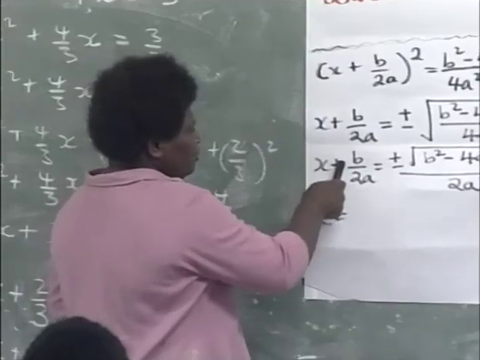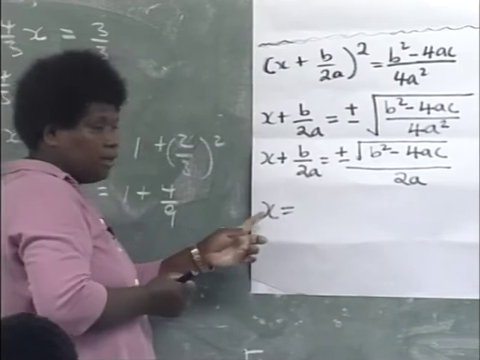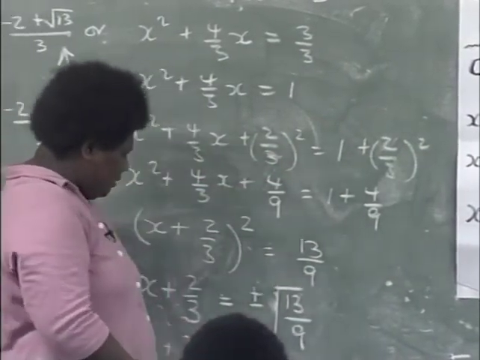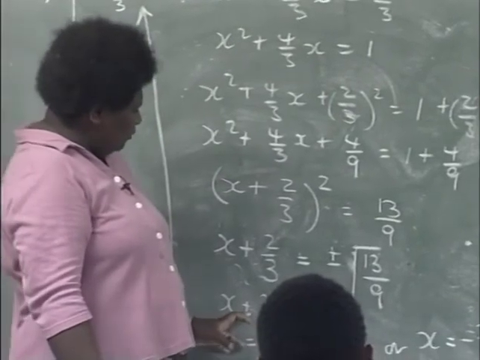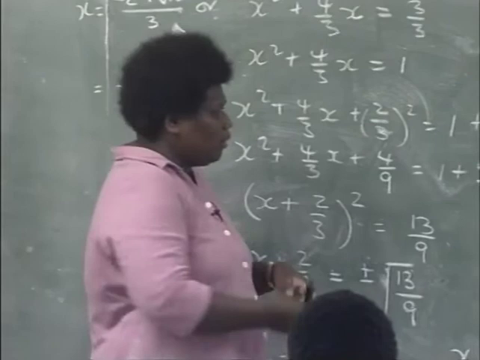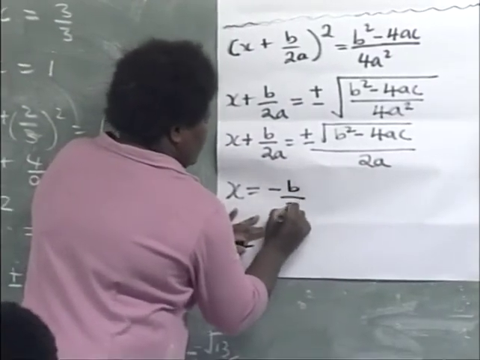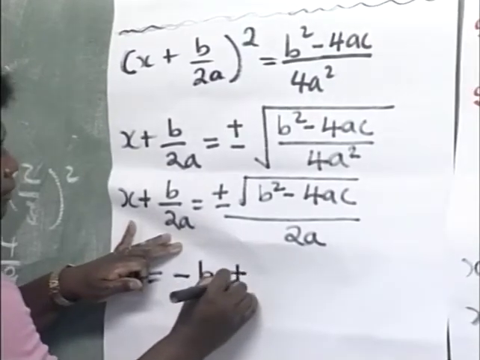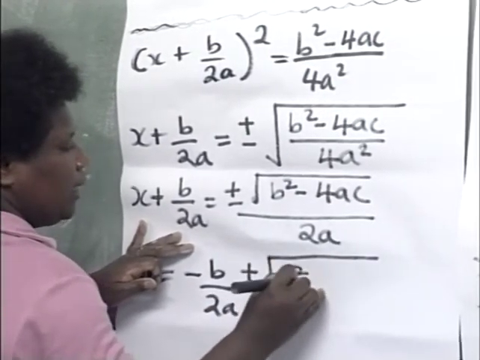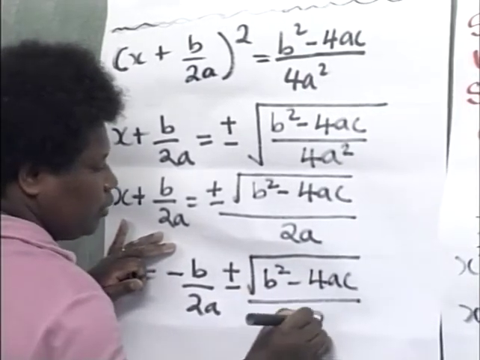Okay, all you have to do is subtract b over 2a on both sides. But what I'm going to do is put it in front instead of putting it at the end, just like we did here. Instead of subtracting here, we subtract and put it in front. So I am going to say that it's equal to minus b over 2a plus or minus the square root of b squared minus 4ac over 2a.